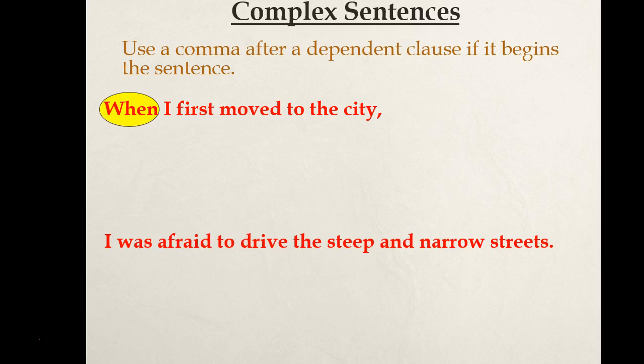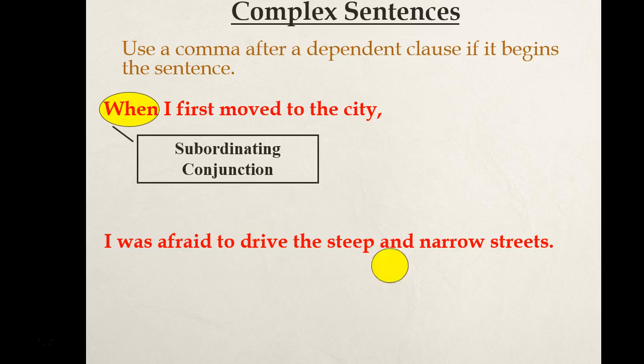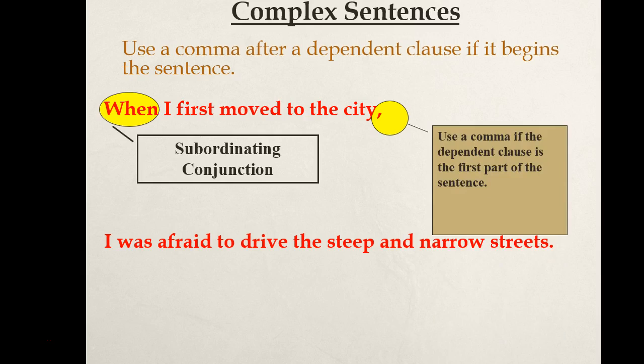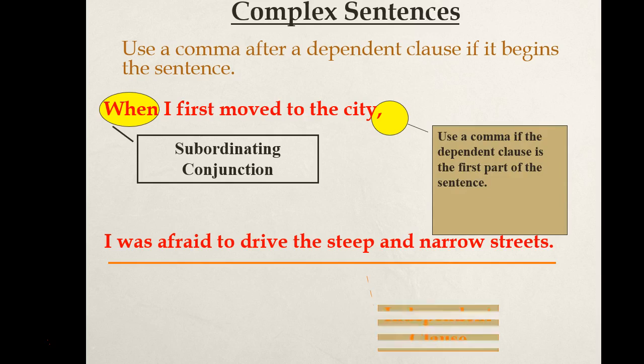We know it's the dependent clause because it starts with a subordinating conjunction, when. Since it's in the beginning of the sentence, it is followed with a comma. Notice the dependent clause comes first and the independent clause comes second.